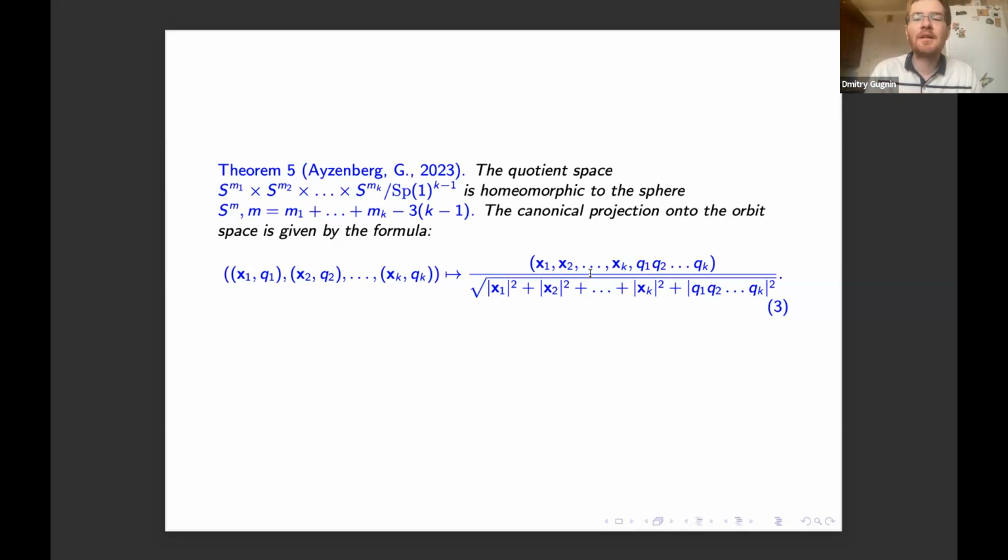When you have this formula, then the whole proof is just first-year analysis. First you prove that the canonical projection may be given by the formula without this denominator, and then you prove that you can also take this denominator, and it is proved that this map is a projection between this space and S^m.